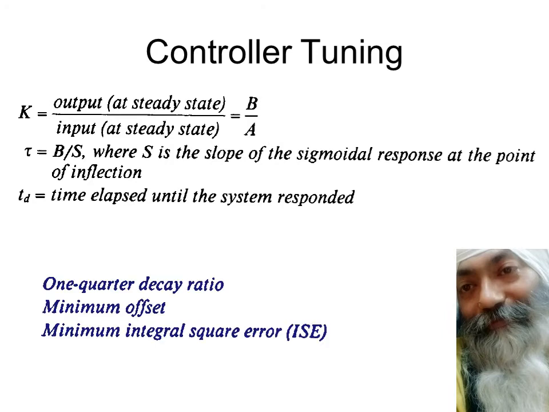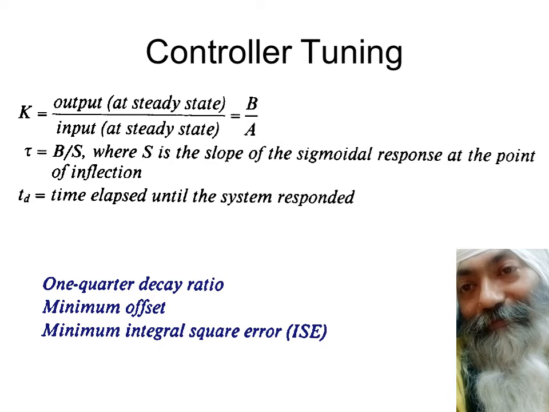So friends, as I said, this pair of chemical engineers working on process control applied the one quarter decay method. They wanted a minimum offset in the case of a P controller, for example, or a minimum integral square error. In the case of a proportional controller, the offset is never equal to 0, so you cannot apply integral square error.